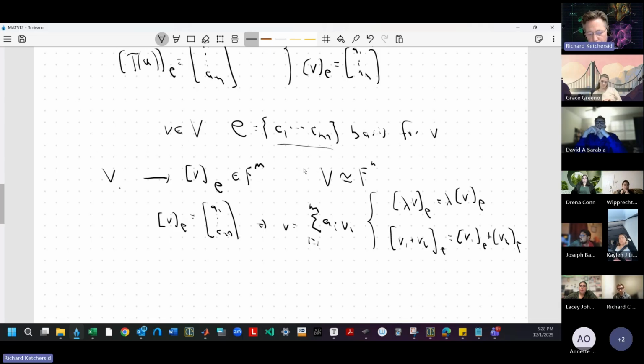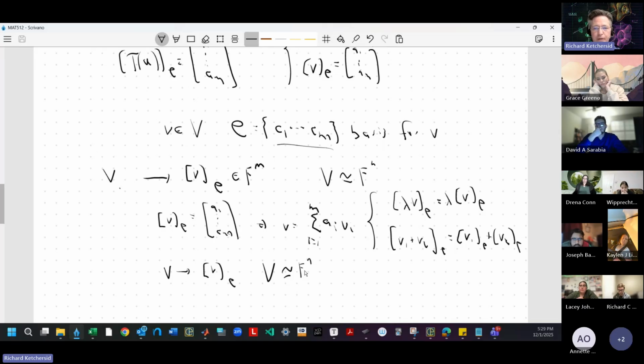So this map, which is taking v to v_C, is really an isomorphism of vector spaces. It's replacing v with the representation, which is just F^n. V may be some really weird vector space, maybe the differentiable solutions to a differential equation or something like that.